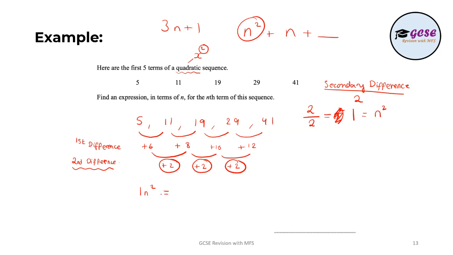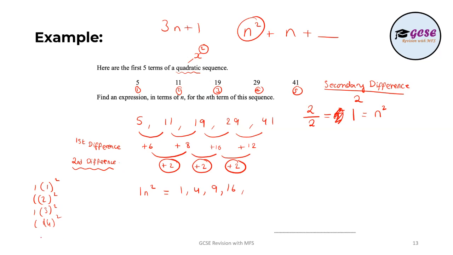Now let's substitute the first 5 numbers in the place of n. So we have the first position, the second position, the third position, the fourth position and the fifth position. Now let's work out the sequence of 1n squared. If we substitute in 1 for n, that will give us 1. If we substitute in 2, that gives us 4. 3 gives us 9. 4 gives us 16.